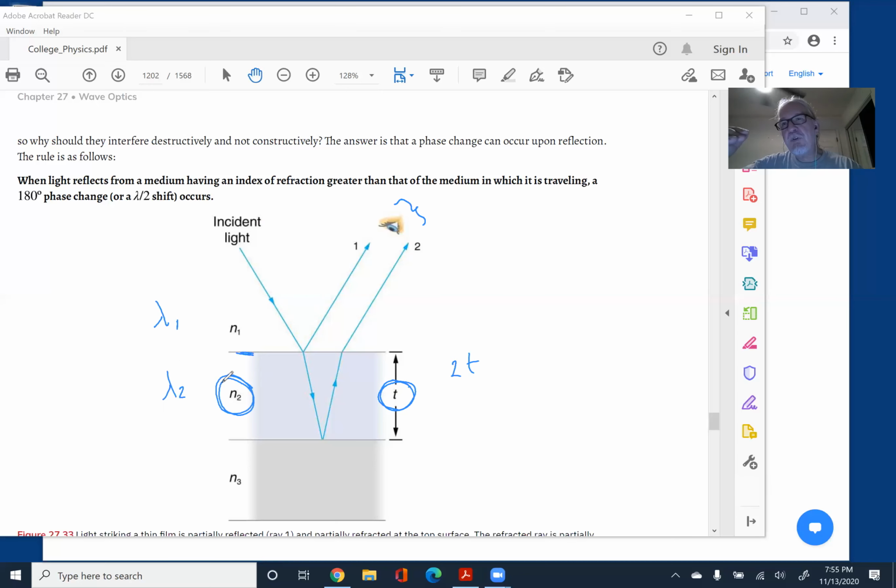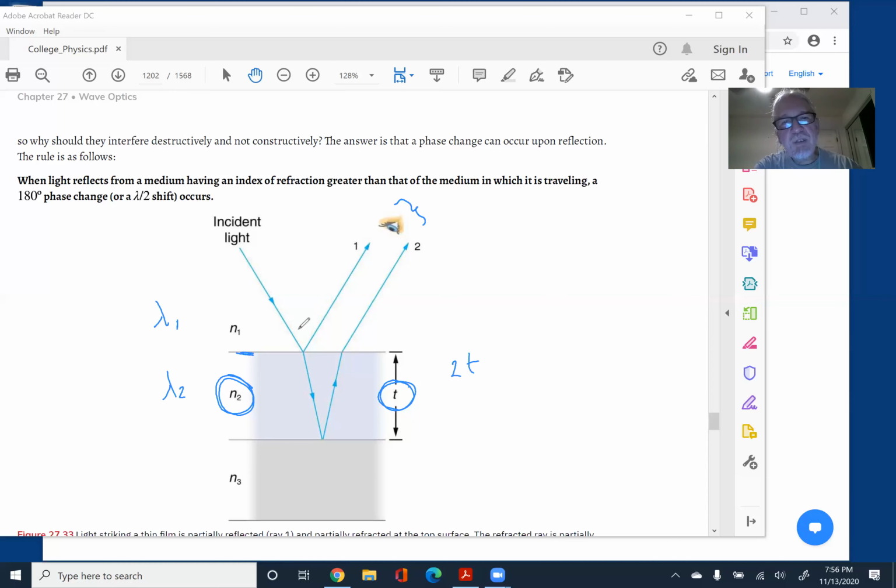Let me refer you to the very first formula we talked about in this video, which relates lambda sub n, c, and n. Essentially, your light is going slower in a medium of higher index of refraction, and since the frequency doesn't change, your wavelength also has to be shorter.